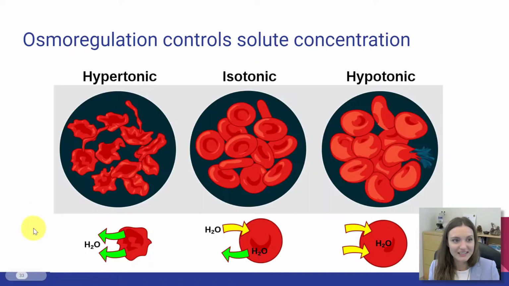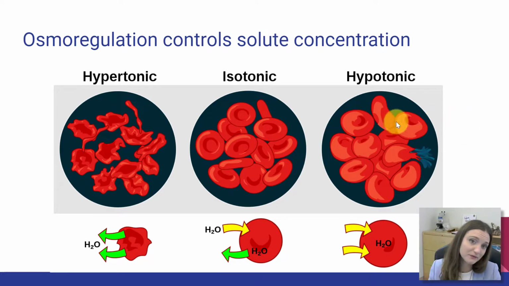So, very distinct things happen to animal cells when they are placed in different environments. We place a cell in a hypertonic solution, water leaves the cell, causes the cells to shrivel up, and they're not functional. Place the cell in a hypotonic environment, water moves into the cell. The cell ruptures, potentially. Not good either, dead cells.